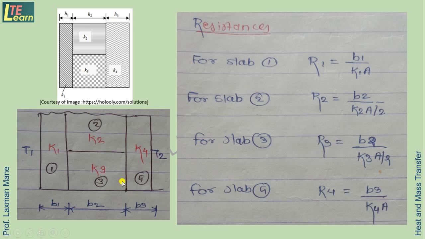Similarly, the formula for the third layer, R3 is equal to B2, means thickness, divided by K3, thermal conductivity, into half area, means A by 2. Then the last layer, number 4, resistance R4 is equal to thickness B3 divided by the corresponding thermal conductivity K4 into total area, capital A. So in this way we now have these 4 resistance expressions.